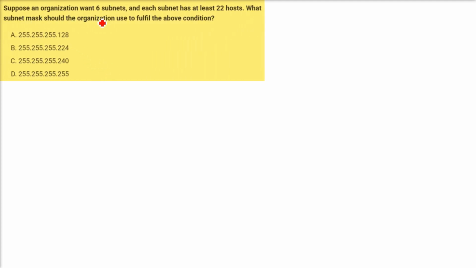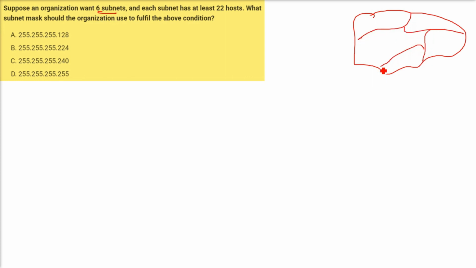Suppose an organization wants 6 subnets and each subnet has at least 22 hosts. What subnet mask should the organization use to fulfill the above condition? So let us take one by one. We have a network. It has to be divided into 6 smaller networks, which are called subnets. So I am dividing it into 6 parts.